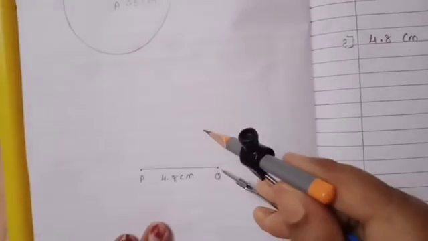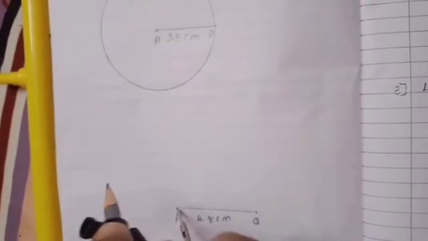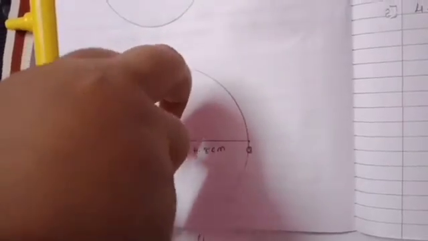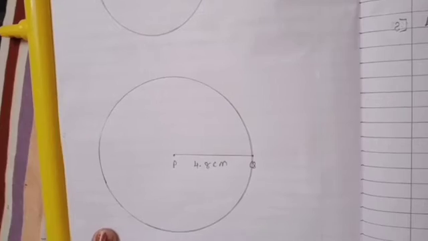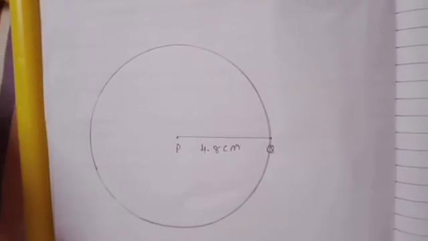Now we have to take the measure of PQ, and now we have to keep one end point of the rounder at P and we have to draw a circle. Full round we have to draw. Then only we will get a circle. So it is a circle of radius 4.8 centimeter.